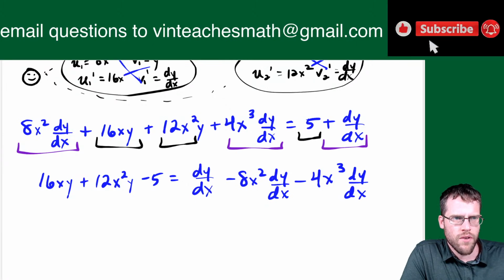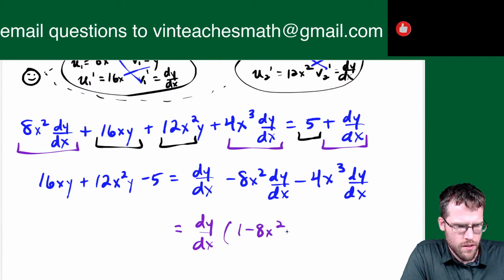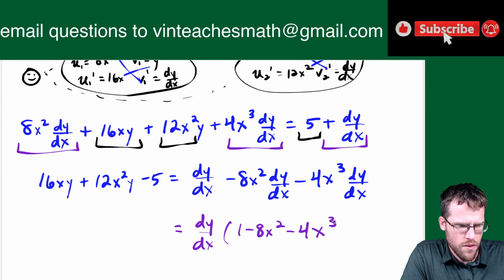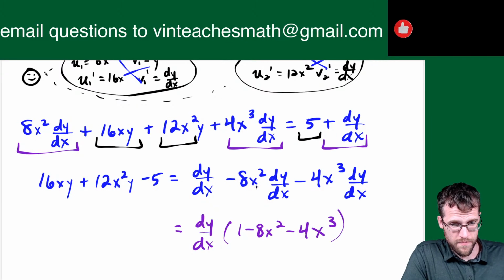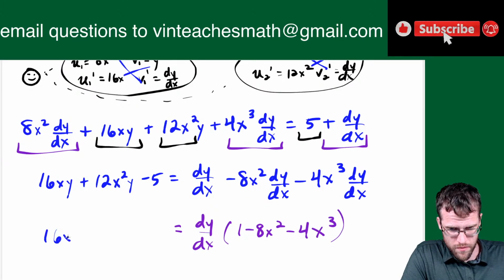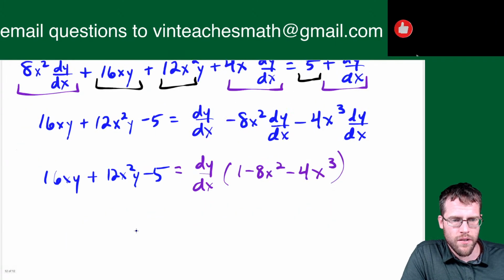So then on the right side, I would factor out dy/dx and have 1 minus 8x squared minus 4x to the third. And on the other side, I just leave it alone. It's just the same stuff, so just rewrite it. And then the last step is to just divide.